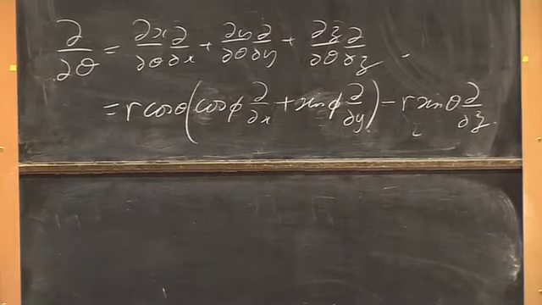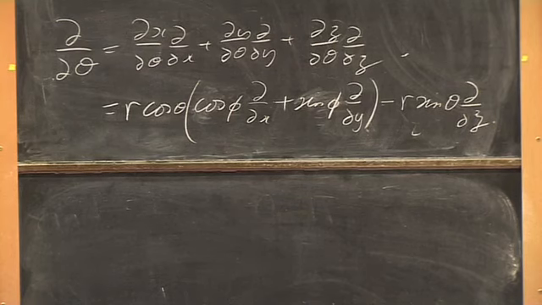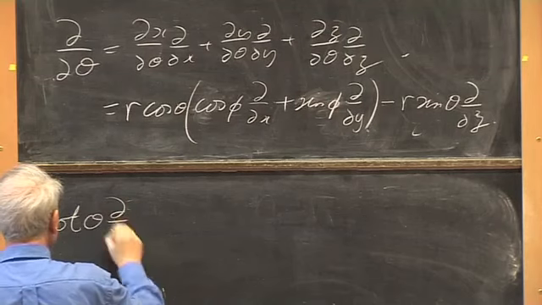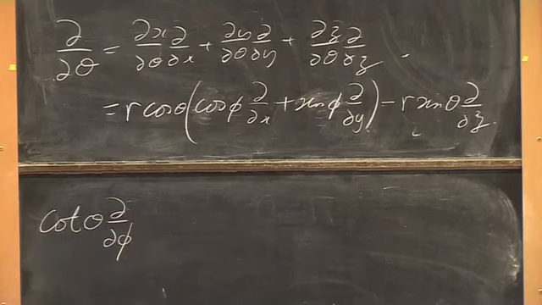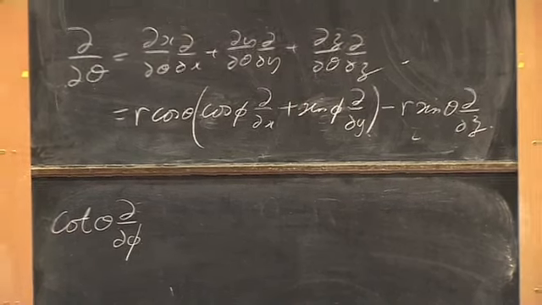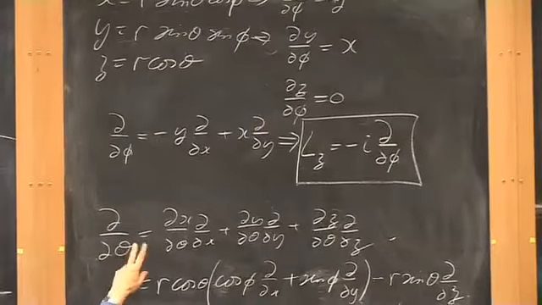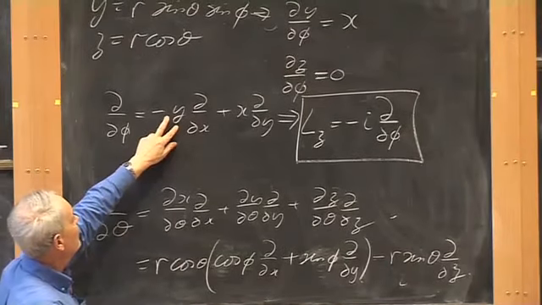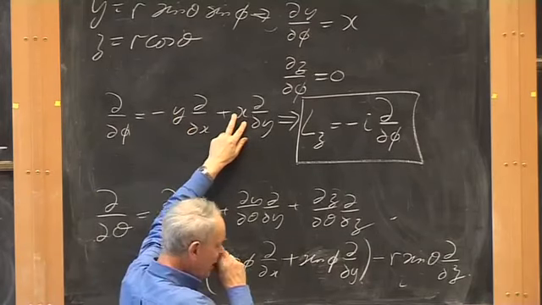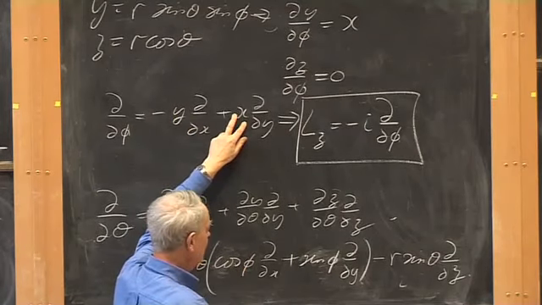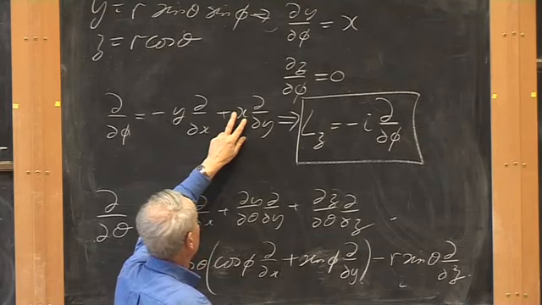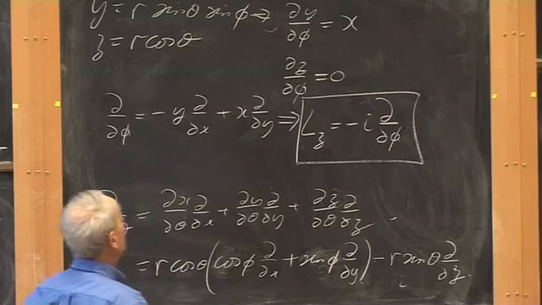Now let's take our expression for d by d phi and multiply it by cot theta. So we're going to write down cot theta d by d phi, just for the fun of it. Let's take this one first. It's going to be r sine theta cos phi, which is x, and when we multiply by cot, which is cos over sine, the sine goes into a cos.